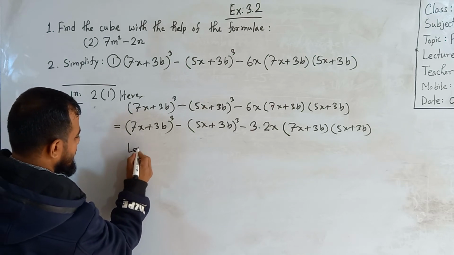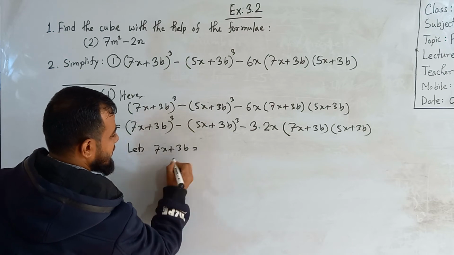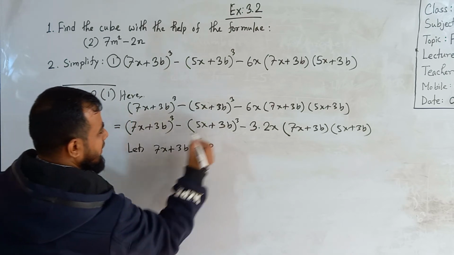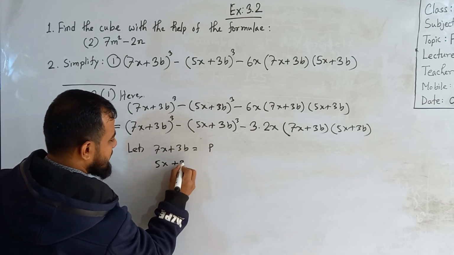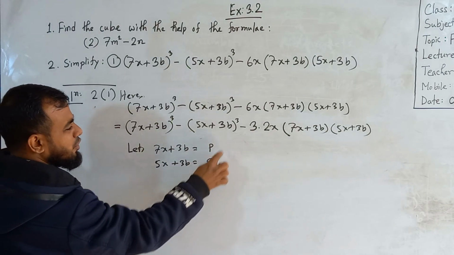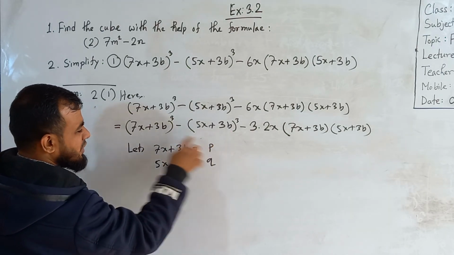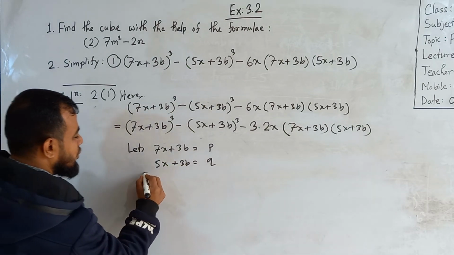Let 7x plus 3b equal p, and 5x plus 3b equal q. We can't assume a or b because b is given, and we can't assume x or y because x is also given. That's why I am choosing new letters p and q, which are not here.